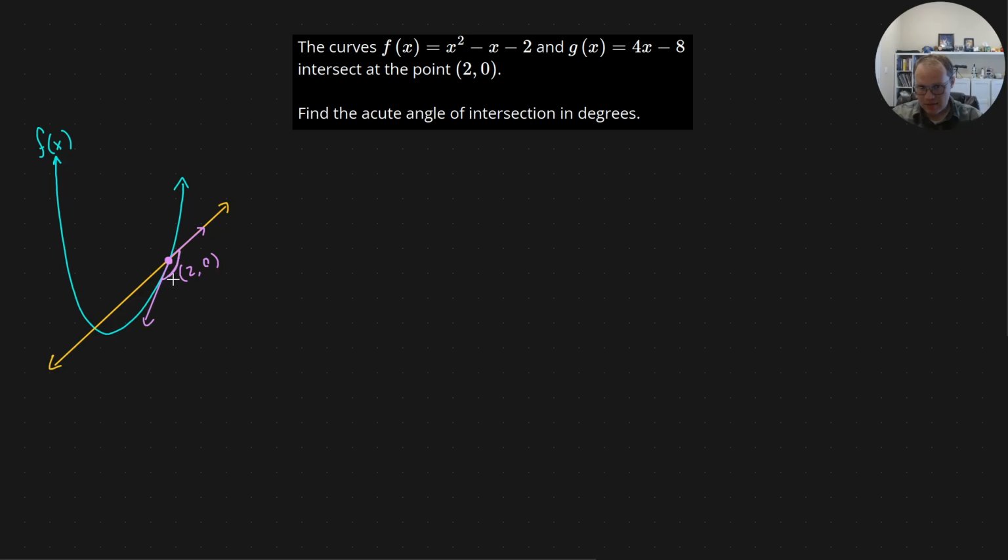In this case, we want the acute angle of intersection. That means it should be smaller than 90 degrees. So it should be the smaller angle. If I do the math and I get an angle bigger than 90 degrees, I could just subtract it from 180 and get the smaller angle.